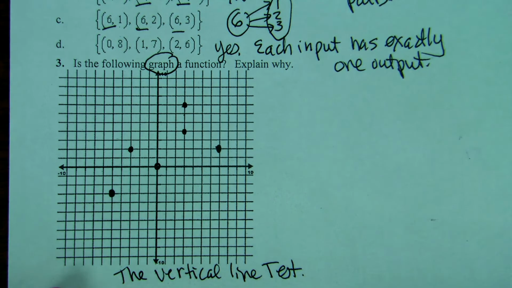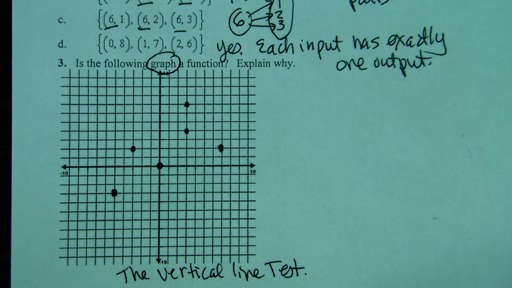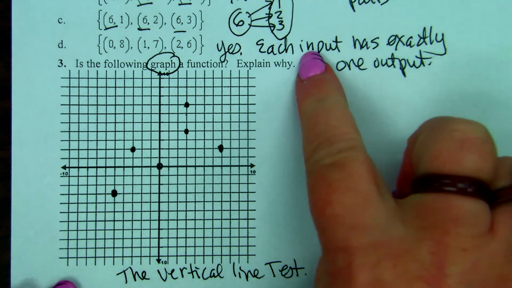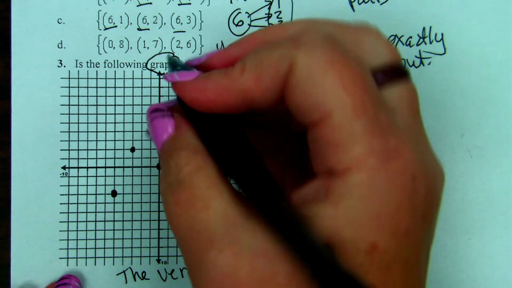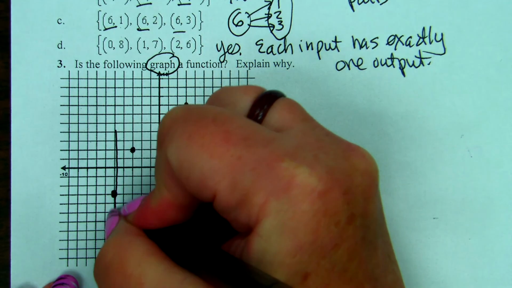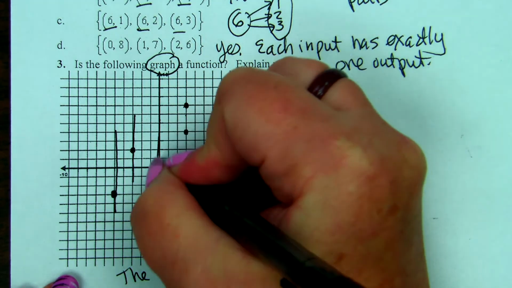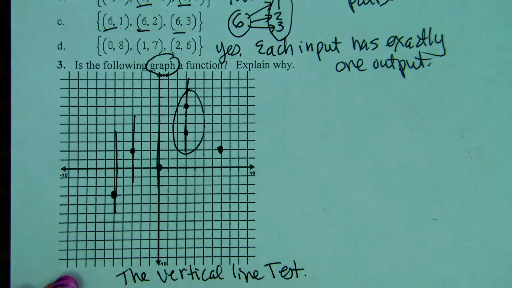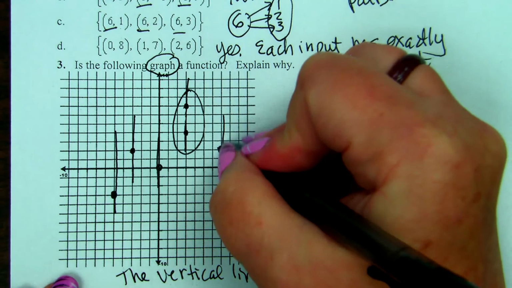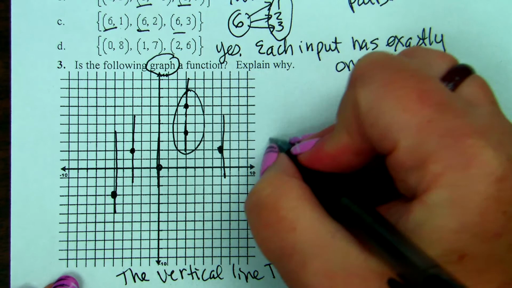We can use it to tell something's a function, but we don't use it as our reason. You draw a vertical line and you see how many points you intersect. If you intersect more than one point, then it's not a function.